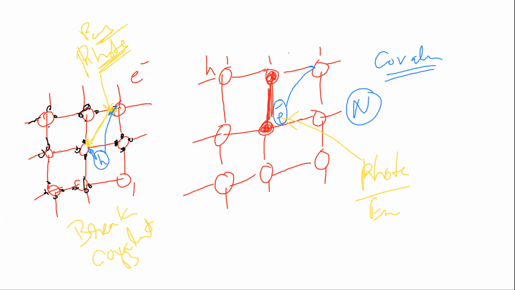You need more energy so that the electron comes out of the existing covalent bond and jumps from here to here, and that's the way the hole is going to flow.